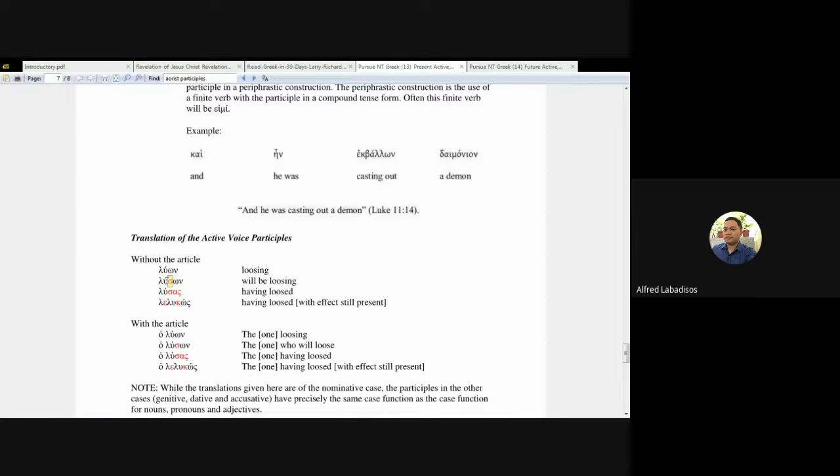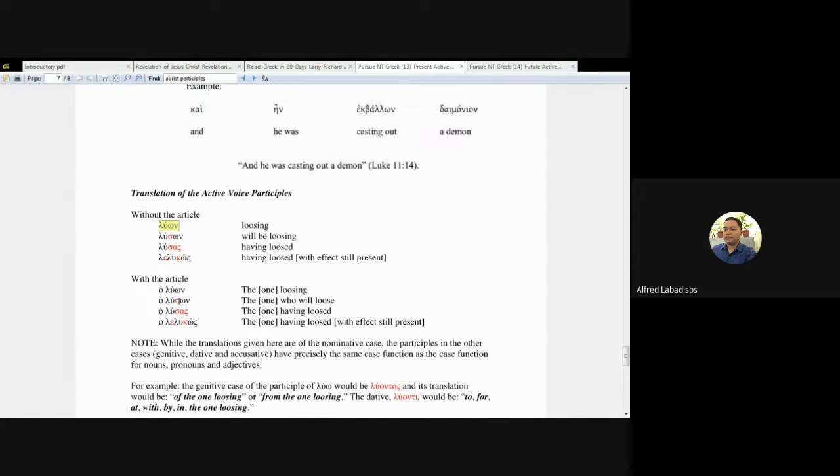Look here, you have the tense identifier of the future active. We have lusas, having loosed, which is aorist. Then we have lelukos, having loosed, which is perfect. So we have perfect participle, aorist participle, future and present.